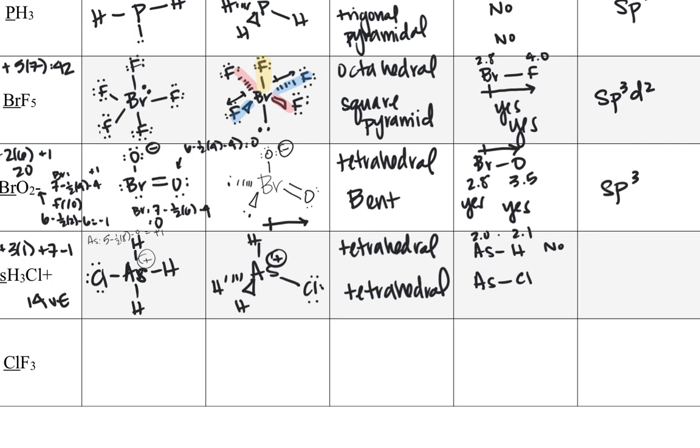But for the chlorine bond, it's 2.0 and 3.0, so that is polar. And because we have a polar bond, we have a polar molecule. So yes, the whole molecule is polar because of this chloride bond. So what about the hybridization? It is also sp3.